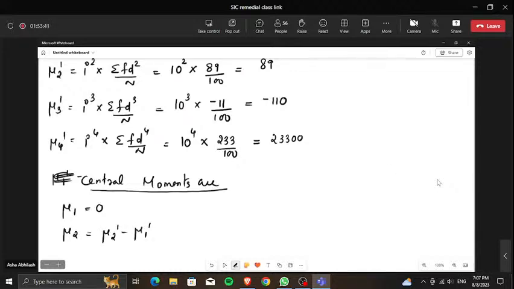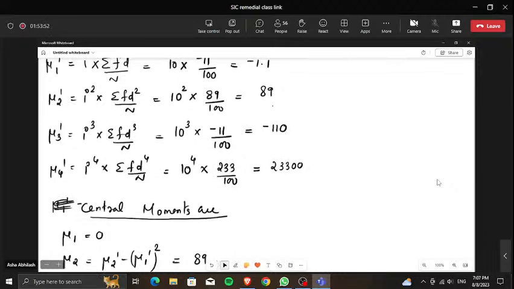Now mu2, you can write the formula first: mu2 dash minus mu1 dash square. What is your mu2 dash? 89. What is your mu1 dash? Minus 1.1.